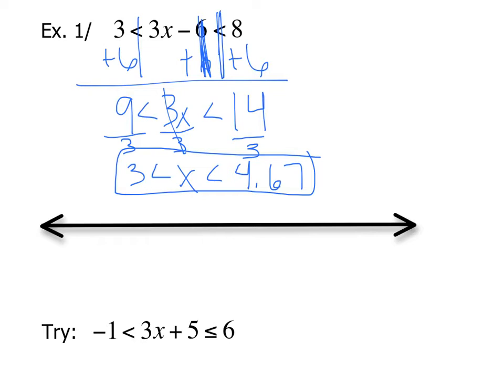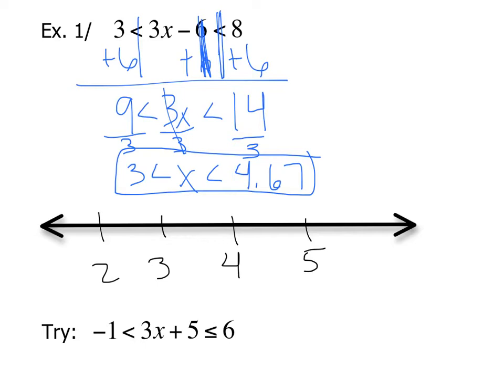Okay, so now how do we draw these? Again, just like before, you have to draw a number line that includes both of your solutions. So I'm going to change colors here. And it has to just include 3 and 4.67. So I'm just going to go 2, 3, 4, and 5. Now, when I go to draw my circle, what's the first circle going to be, open or closed?